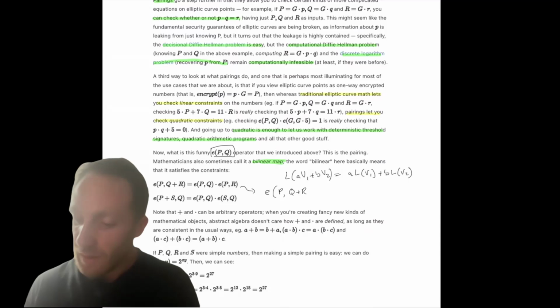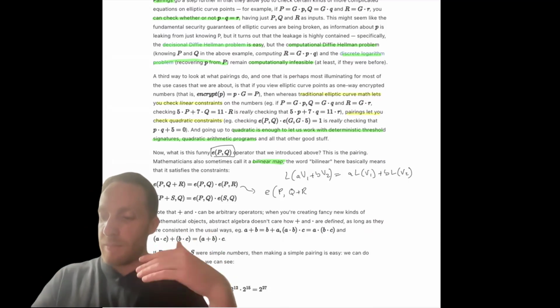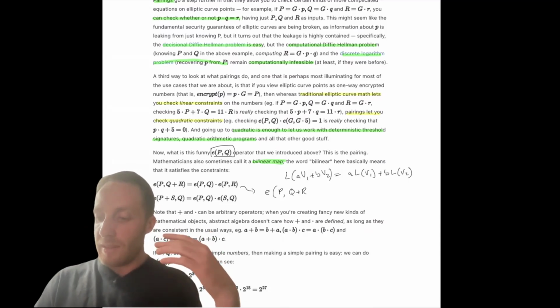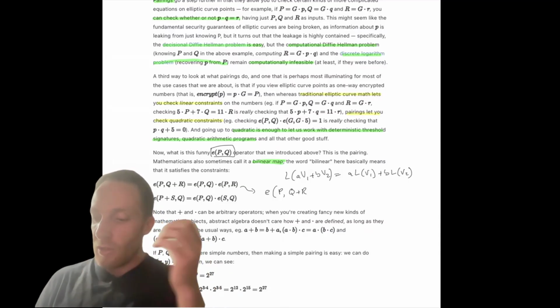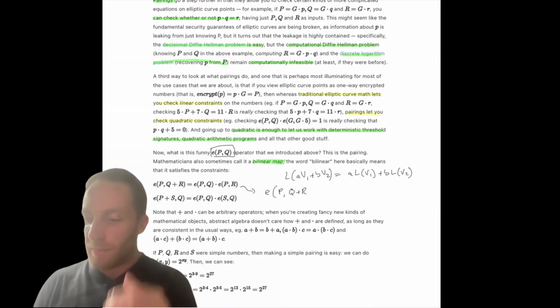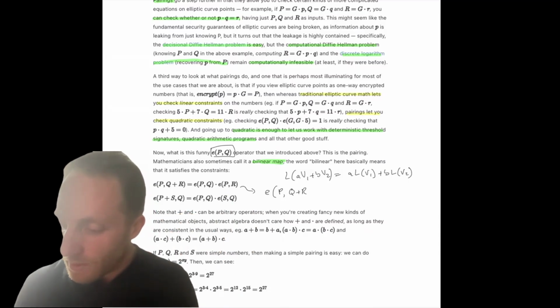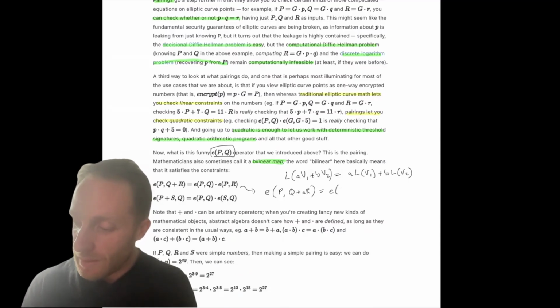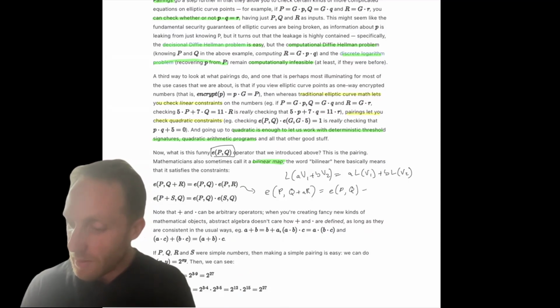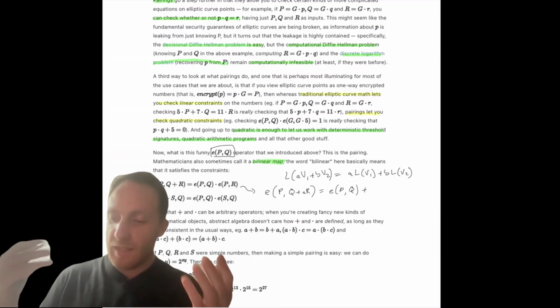He's saying that e(P, Q plus R). Also, he doesn't mention the multiplication, but the bilinear mapping needs to also work with scalar multiplication, right? So let's say we would say Q plus aR is equal to e(P, Q) plus... okay, so here you see here's an instance.